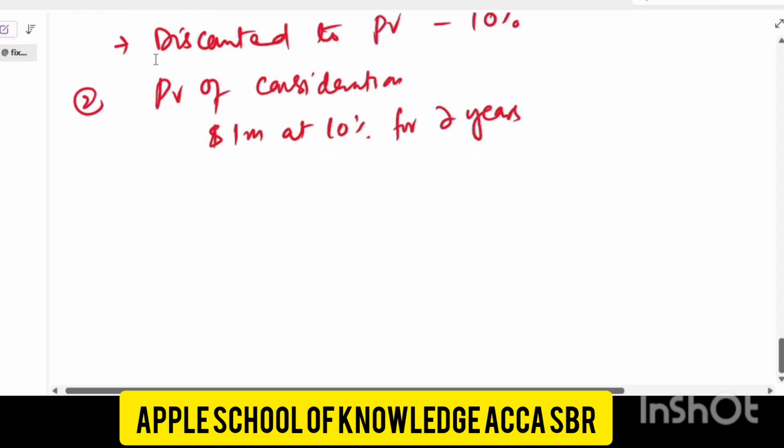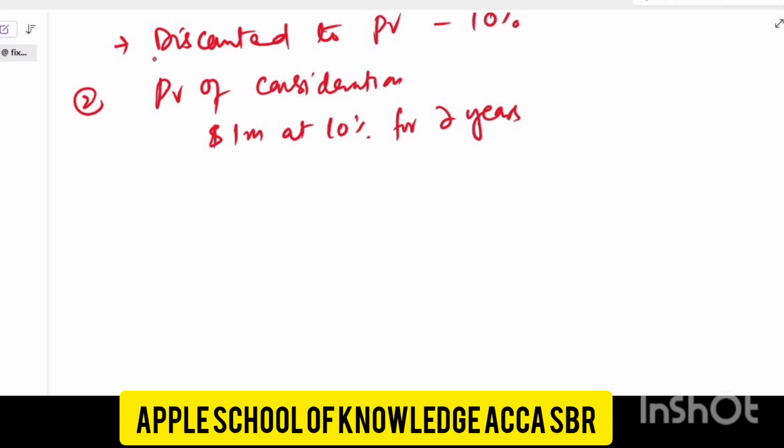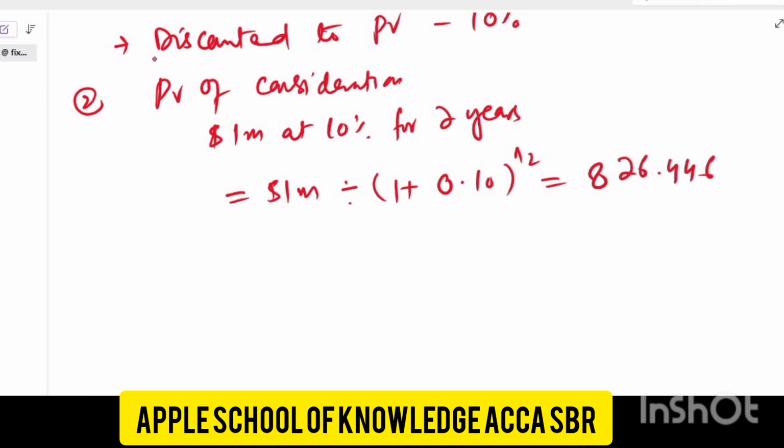Okay, so if I write it like this, $1 million times 1 plus this one, this is the discount factor, then your amount will be 826,446. Okay, this is your present value for 1 million.